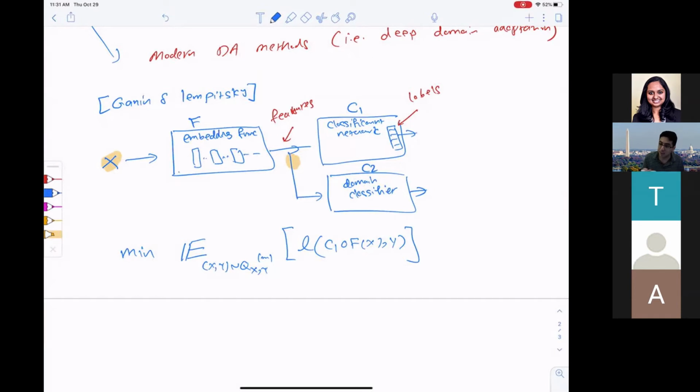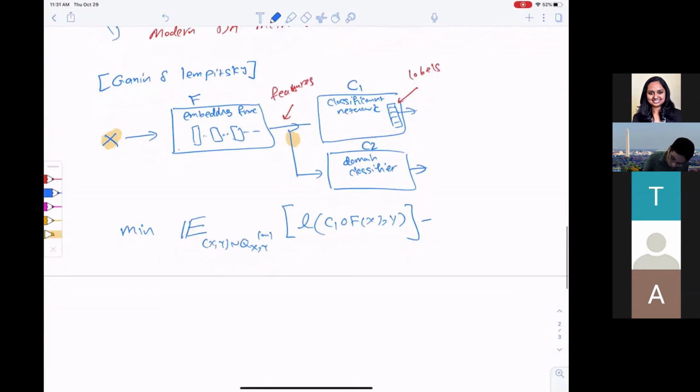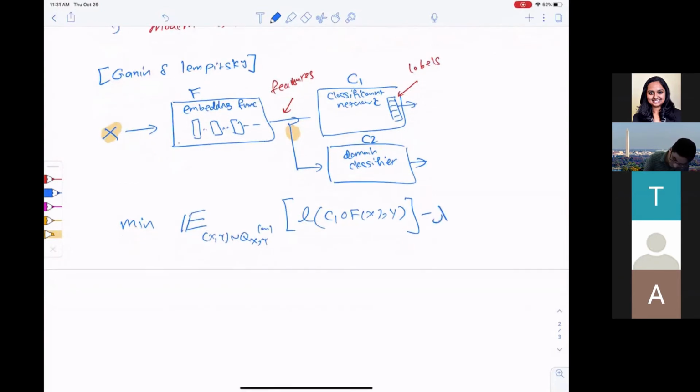So what they have proposed is to use lambda times the loss of domain classification.